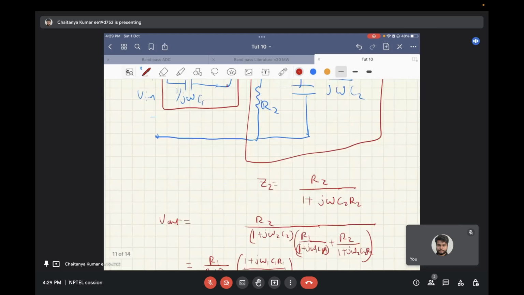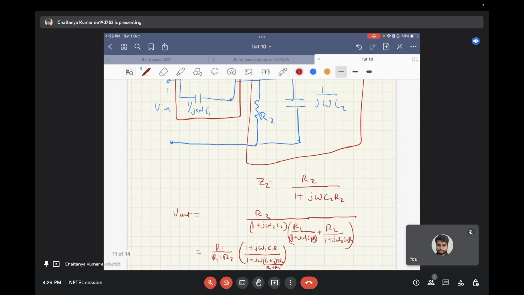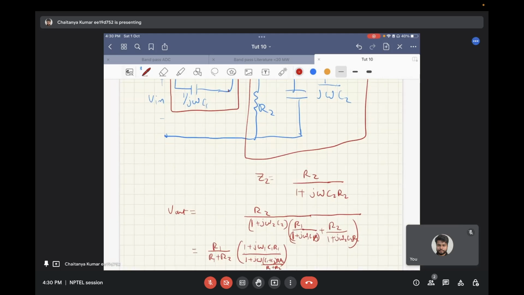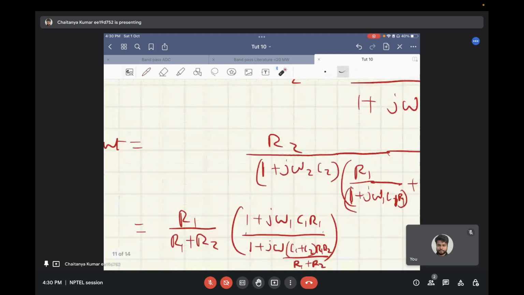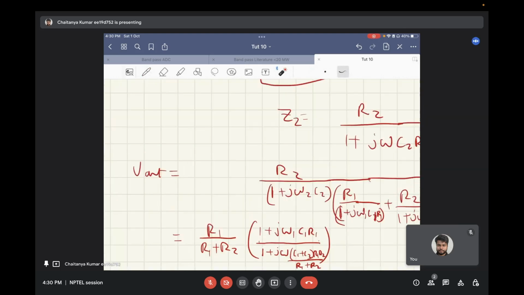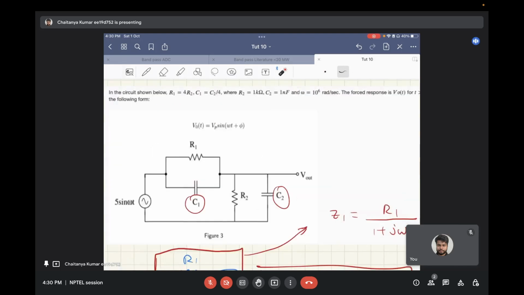So in this case, the overall V out, if you find it through capacitive division, you get (R1 plus R2) into (1 plus j omega C1 R1) divided by 1 plus j omega (C1 plus C2) into R1 R2 upon R1 plus R2. Now, specific values of R1, R2, and C1, C2 have been given.